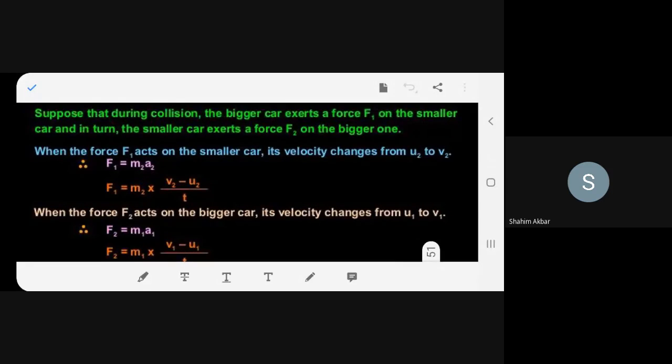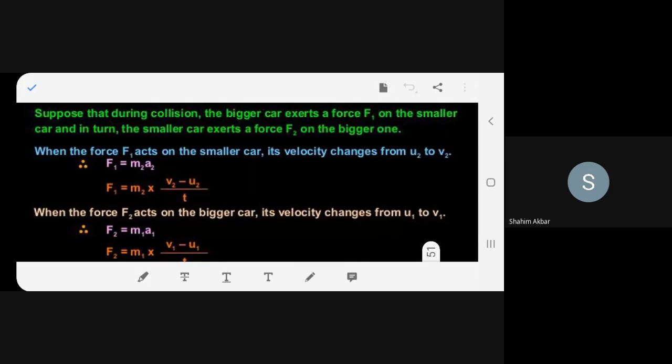When force F1 is acting on the smaller car, obviously the velocity will change from u2 to v2. So we know that force is equal to ma. Remember, force is equal to ma. This is what we had learned earlier.